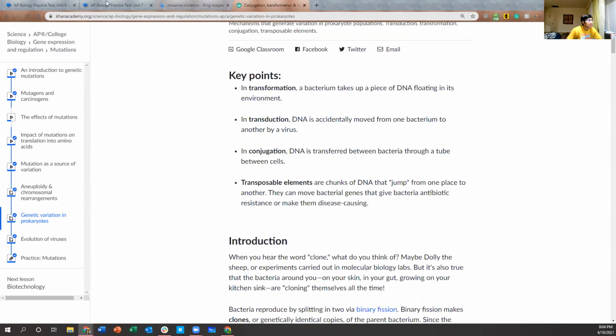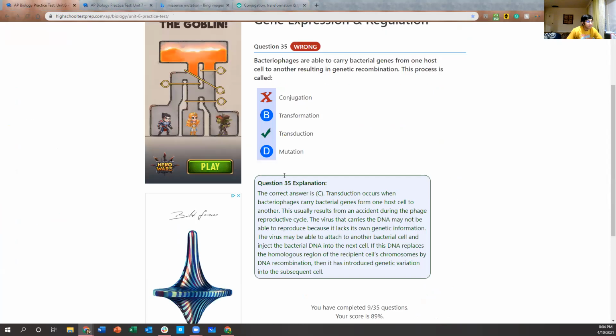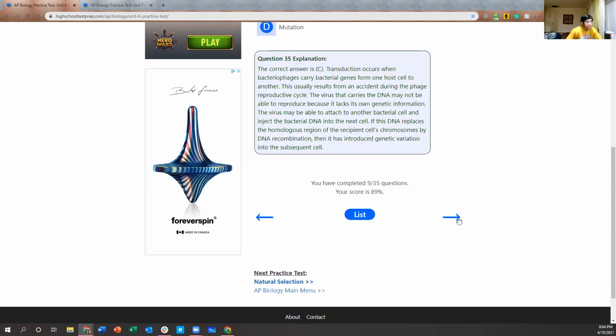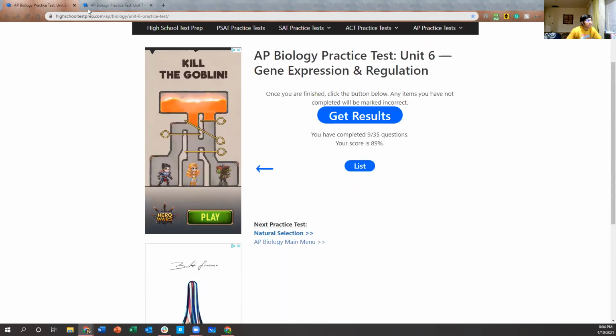Okay, so that makes a bit more sense. Why this would be because it's phages, right? It's the viruses. Bacteriophages are viruses. The viruses are carrying it from one host cell to another, and that's genetic recombination. So that's transduction. Hopefully that clears up the confusion between those 3. All right, we've finished that one.